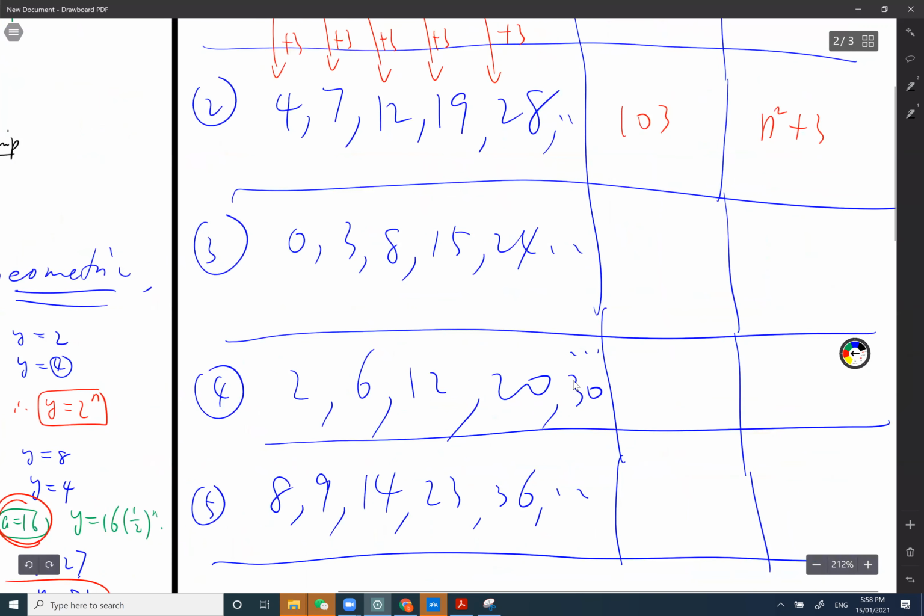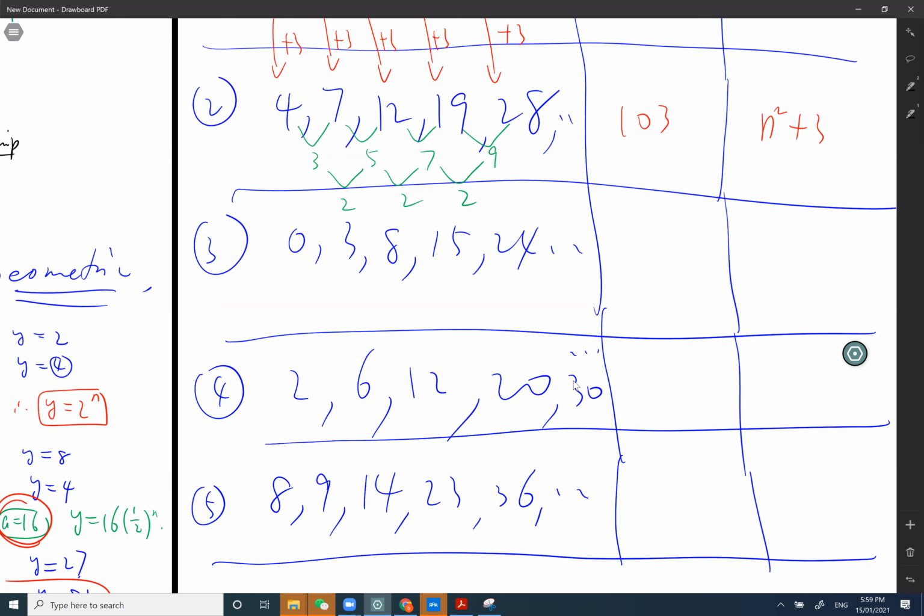First step. Selena, do you remember last year we learned this? I think we probably learned this in year 10. What's the difference here? 3? Then 5, 7, 9. What's the difference again? 2, 2, 2.